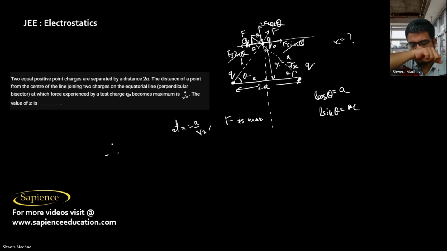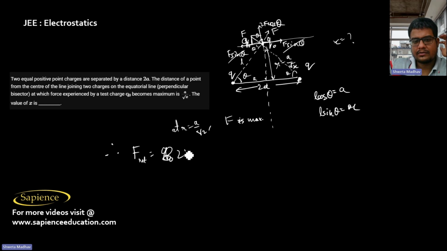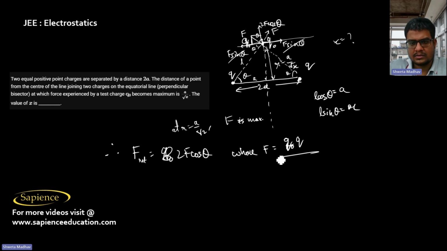So therefore, you can say that the net force experienced by the test charge q0 will be equal to q0 times 2F cos theta, where F is equal to q1 q2 by r square, which is q0 q by 4 pi epsilon naught L square.